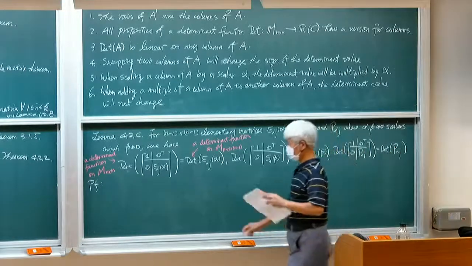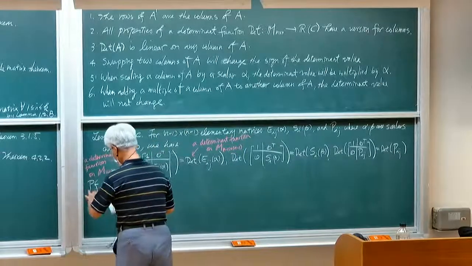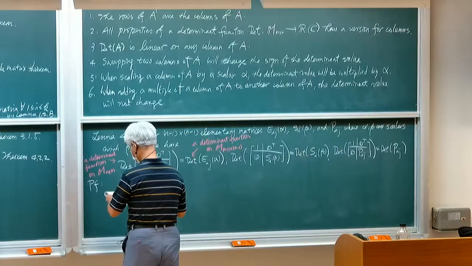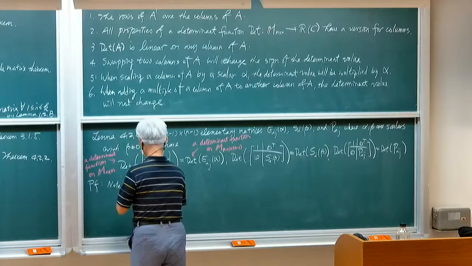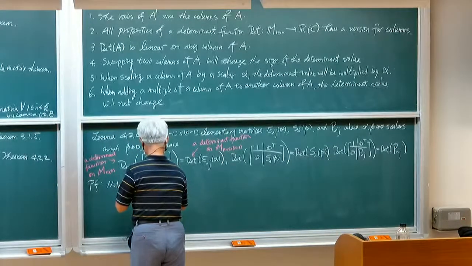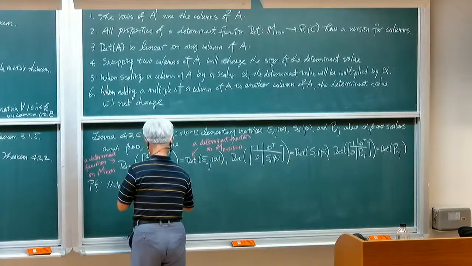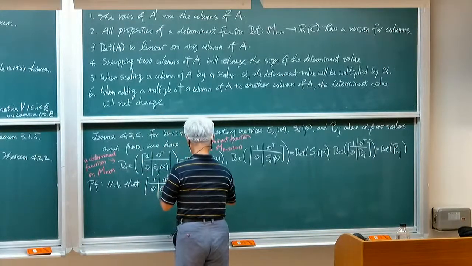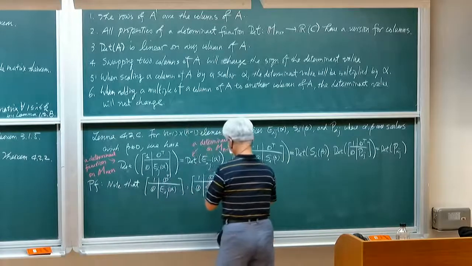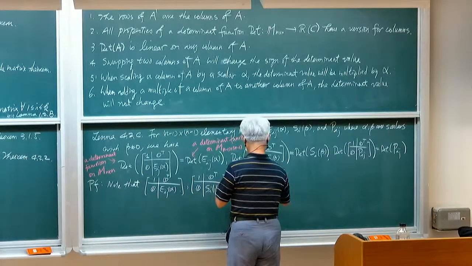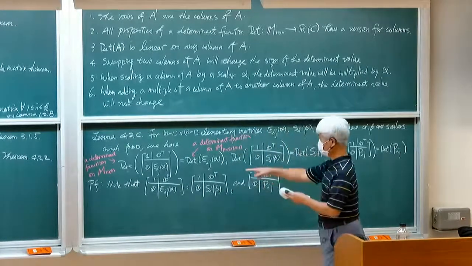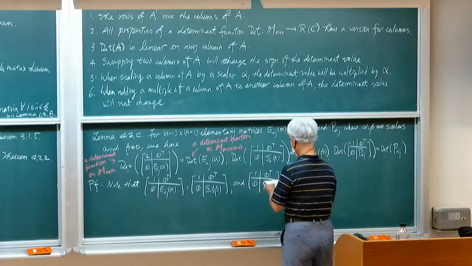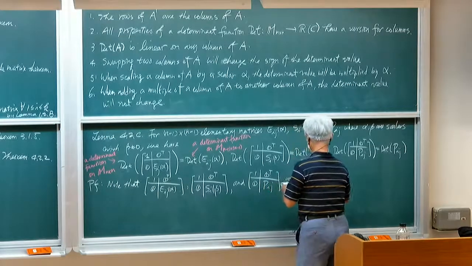And so for the proof, the important thing is to note that these 3 types of matrices are n times n elementary matrices.